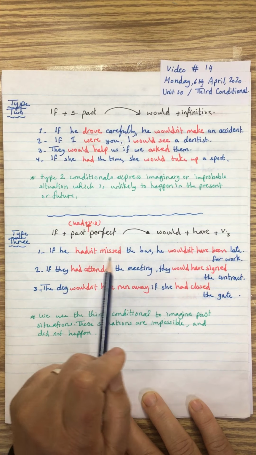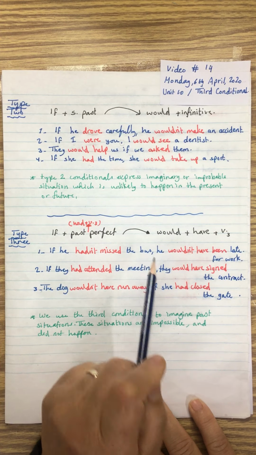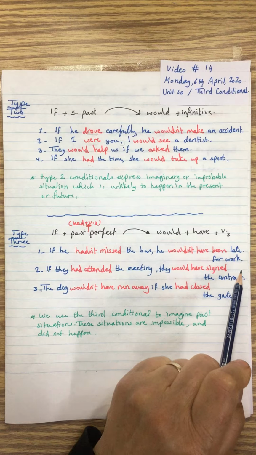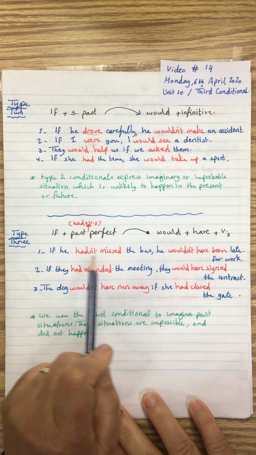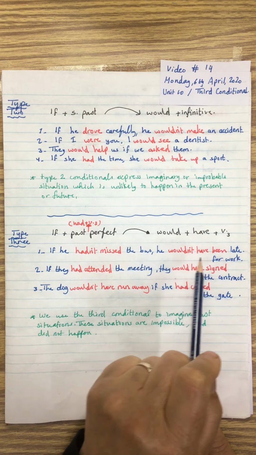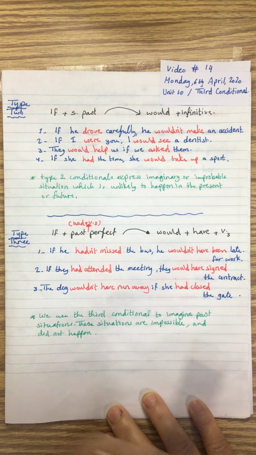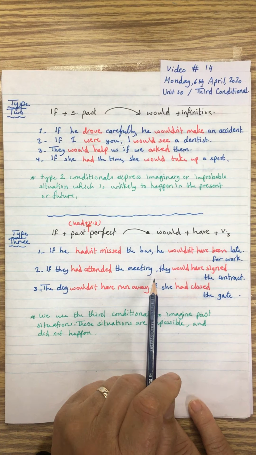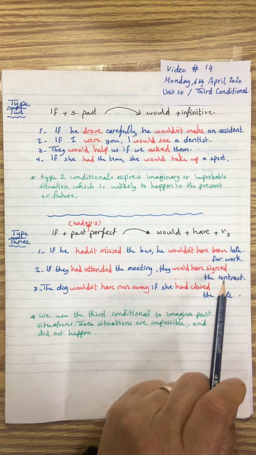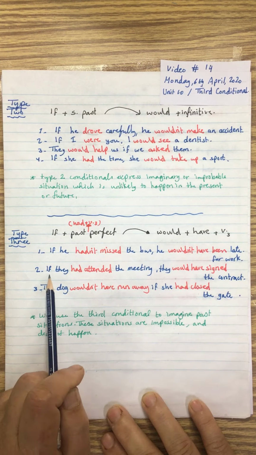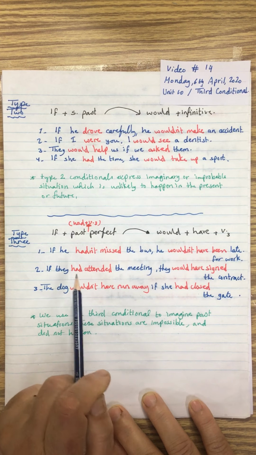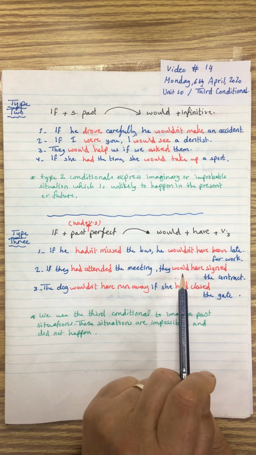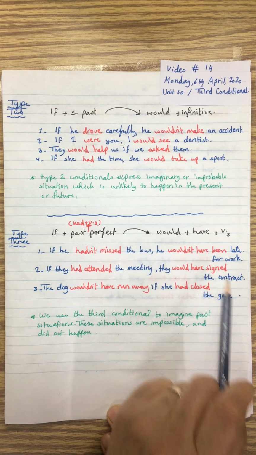If he hadn't missed the bus, he wouldn't have been late for work. Hadn't missed, this is past perfect. We have used here would plus have plus verb 3. Number 2, if they had attended the meeting, they would have signed the contract. As you can see, with if we have had attended, past perfect, and then we have here would plus have plus verb 3.